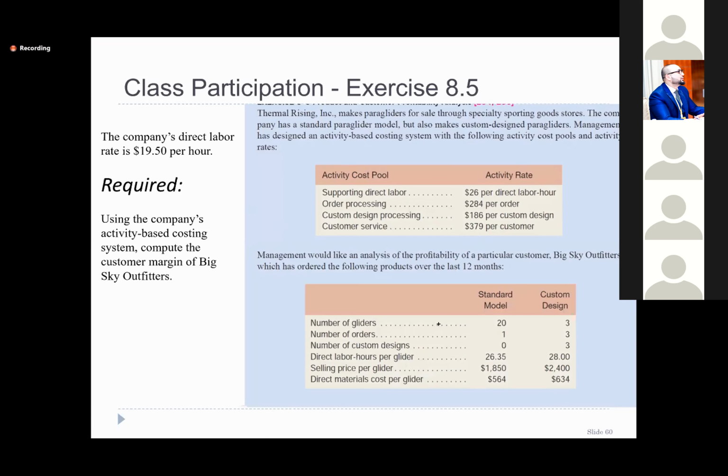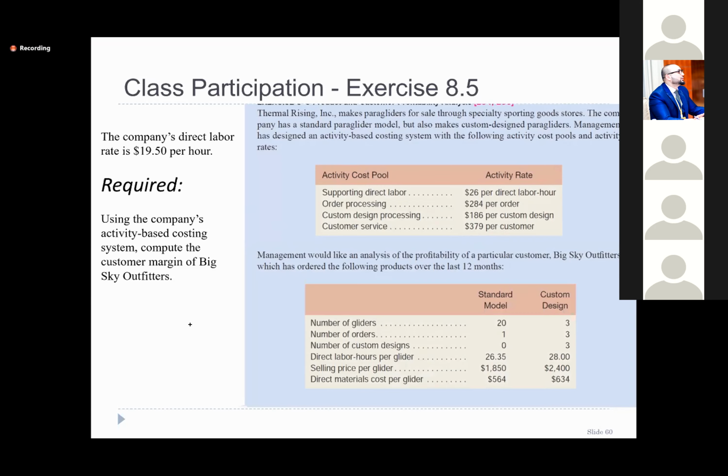So you can find customer sales minus customer related activity pool cost, the first table. The cost and the units are already given to you. All you need to do is find the appropriate numbers to be used.